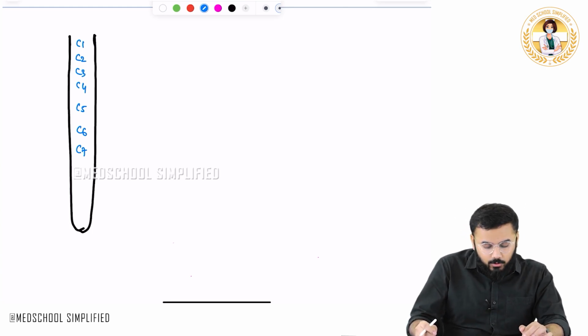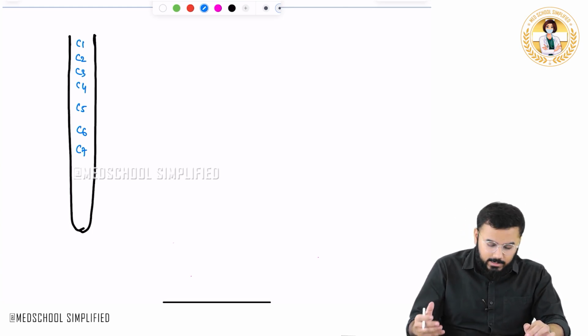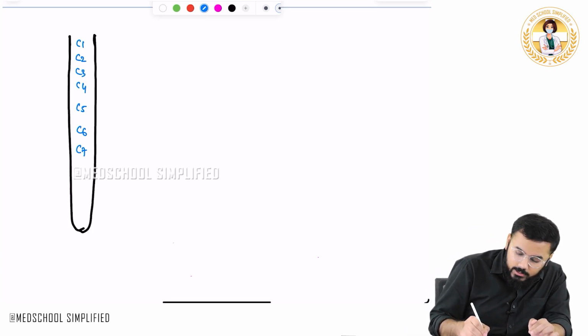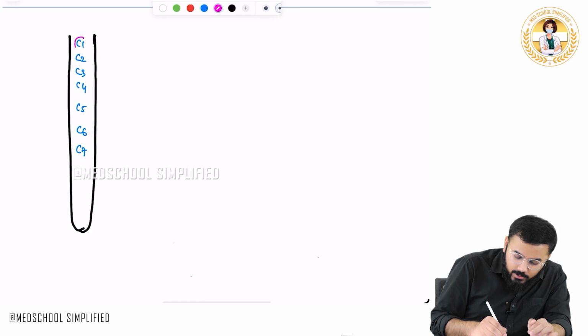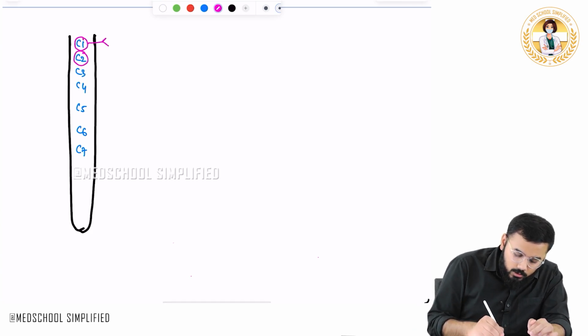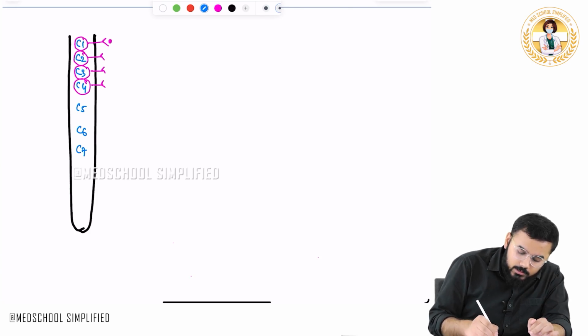Now if you look at these cervical ganglia, from where they are arising, just look at these ganglia. From C1 you see the nerve fibers coming out like this. From C2 also they come out, from C3 also, from C4 also. Now all of these nerve fibers are relaying on another group. So let me shade this part.